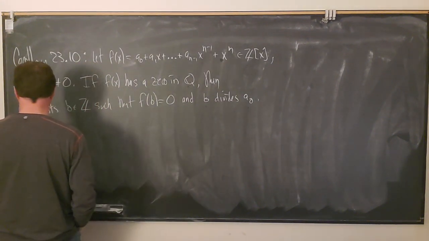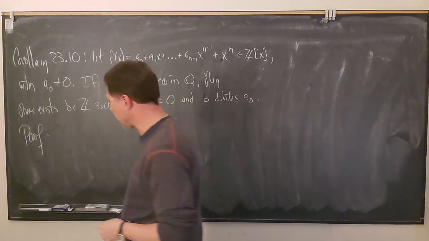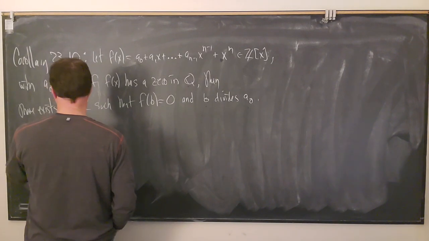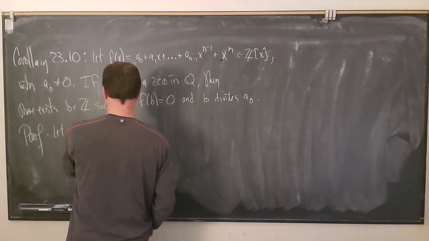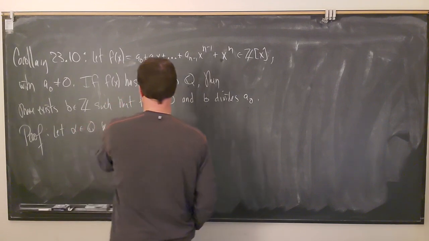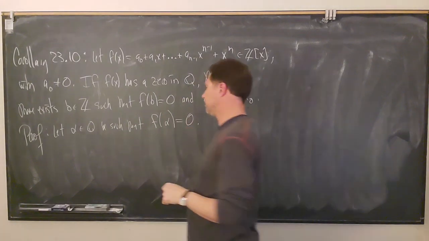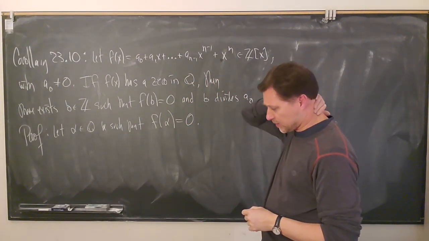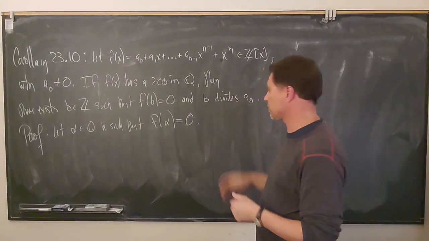So for the proof, let's take our rational root. So let's let, say, alpha in Q be such that f of alpha equals 0. Now remember, we had this thing called the factor theorem that tells us that if we have a root, then we can factor it in a certain way, right?